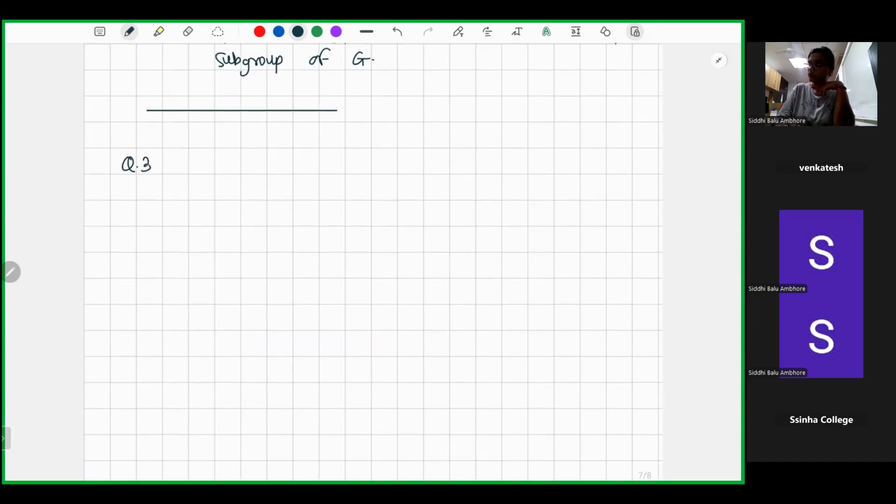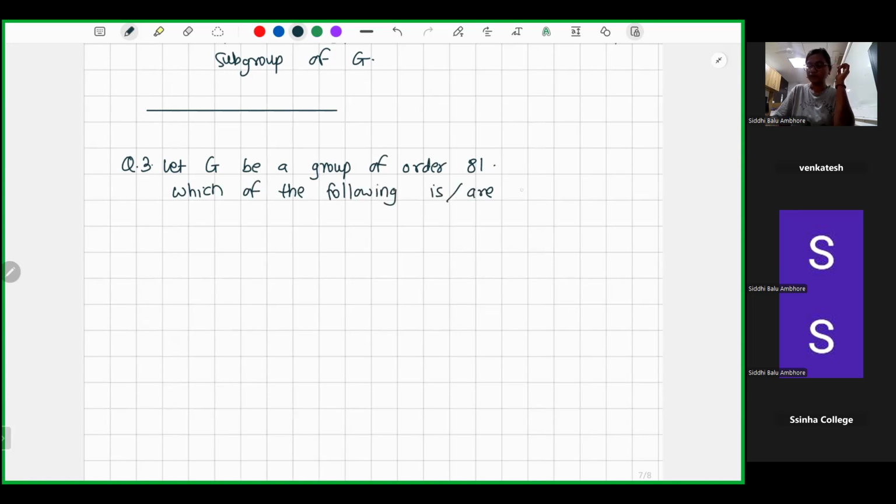So let G be a group of order 81. Then which of the following is or are correct? A, that G is simple.